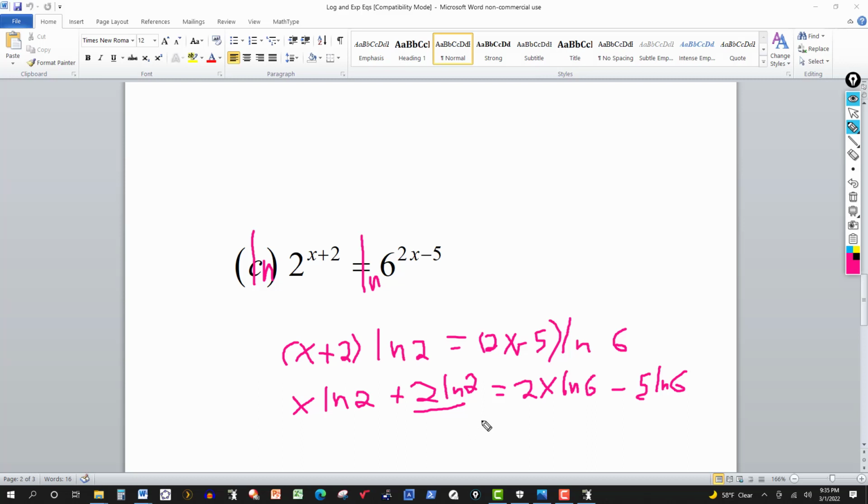So we obviously want to solve for x. We want the x terms on one side. So all I'm going to do now is bring this term over to this side as an x, and everything that doesn't have an x comes to the other side. So I'm going to have x ln of 2, and the 2x ln of 6 comes over. That becomes a minus 2x ln of 6.